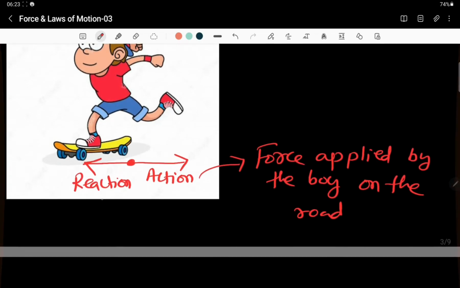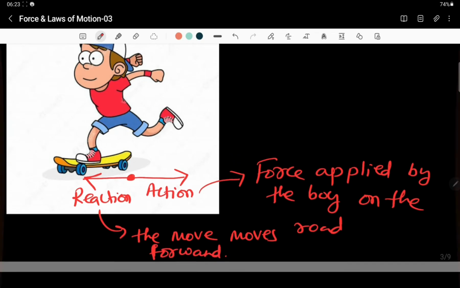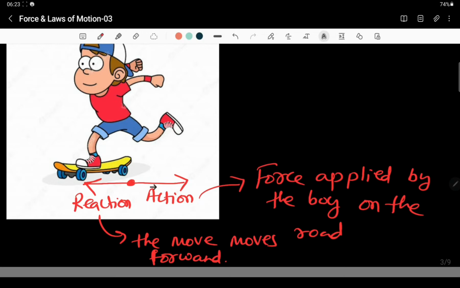This reaction is that the boy moves forward. Correct, no? If he is applying more force here, more action, then definitely he is going to get more reaction and he will go very fast. If he is applying very less force, it means less action and less reaction will be there.